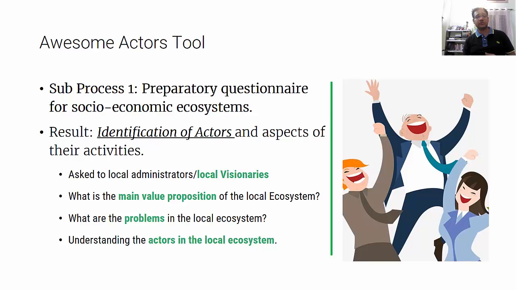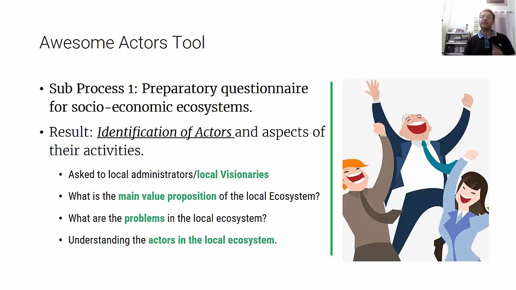The first tool, called the Awesome Actors tool, helps us in the preparatory questionnaire for socioeconomic ecosystems, and it results in the identification of outcome. The way this tool is supposed to be executed is with an interview with local visionaries.